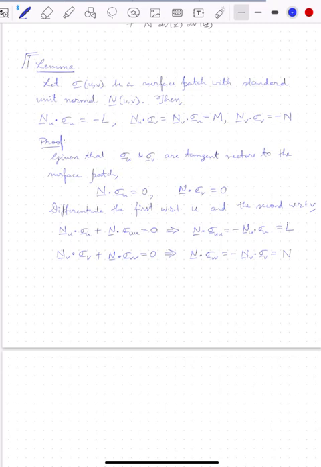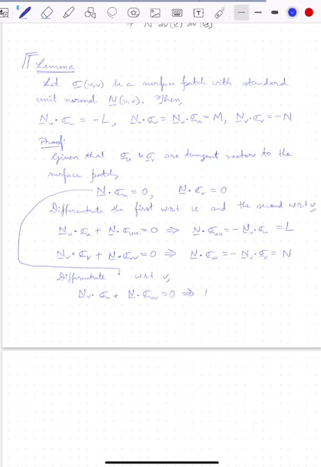And eventually, differentiate this with respect to v: n_v dot sigma_u plus n dot sigma_uv.